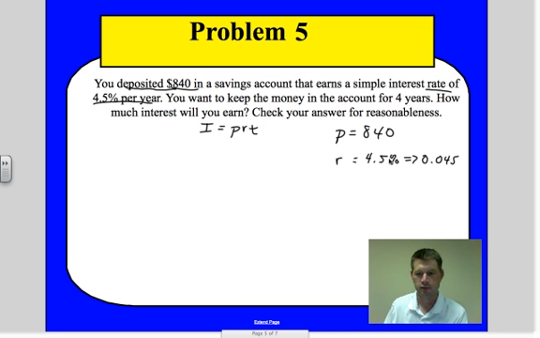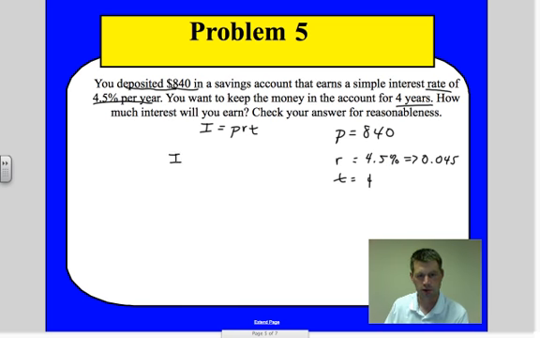Even though it looks like a decimal, it has the percent symbol, so it has to go back 2 spots. The last missing value is time. They told us it was 4 years, so we know it's 4. That's all the pieces we need.